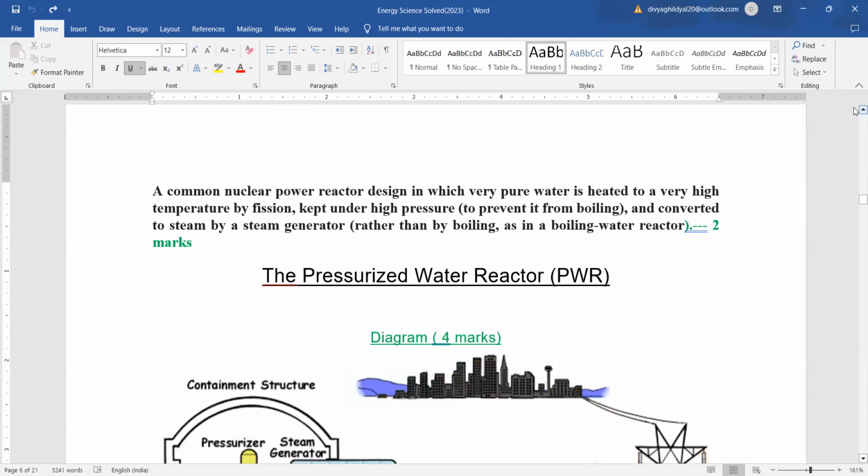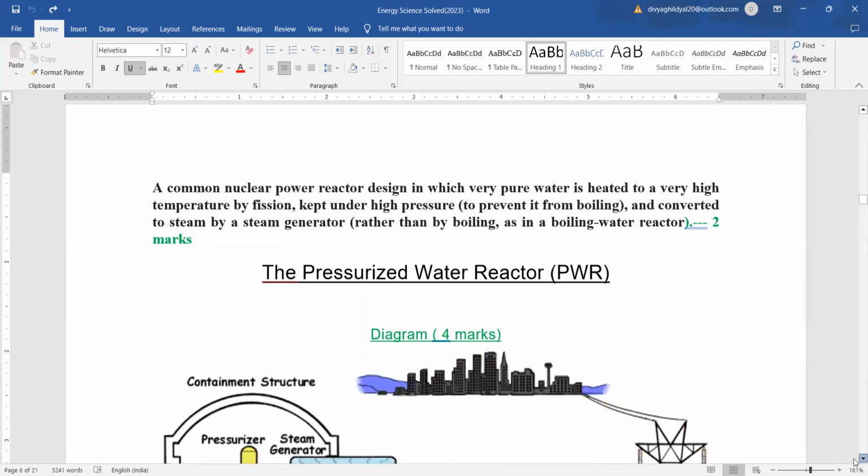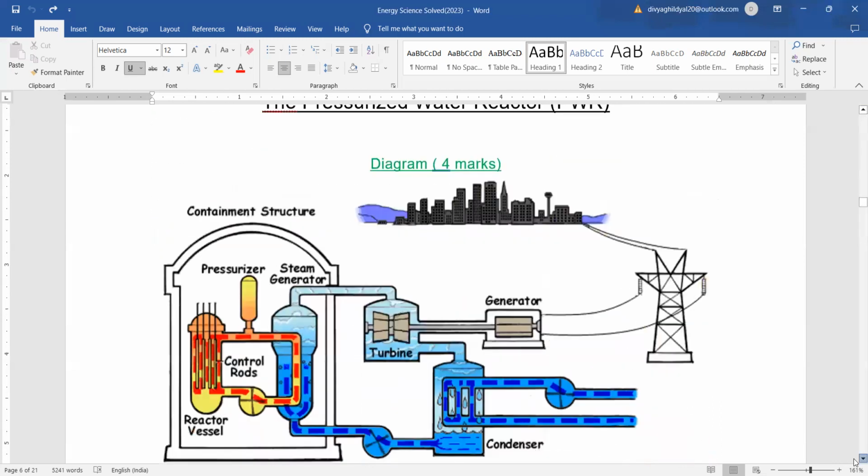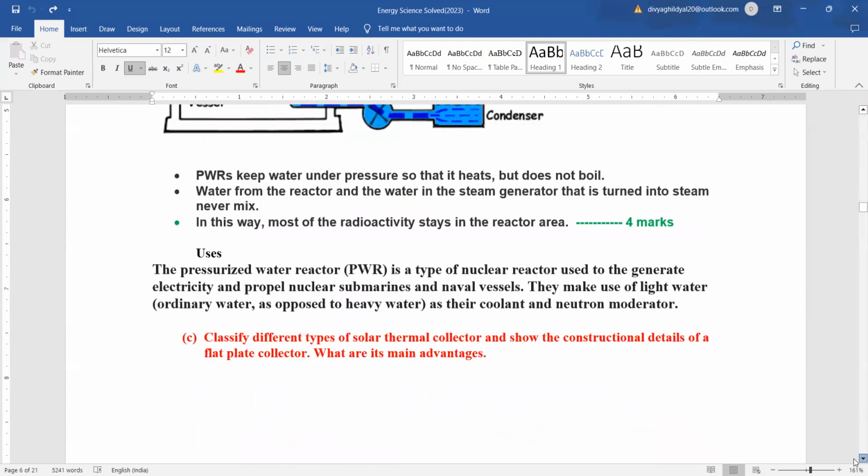PWR full form is pressurized water reactor, and a common nuclear power reactor design is one which consists of pure water heated to very high temperature by fission, kept under high pressure to prevent it from boiling, and converted to steam by a steam generator, which is utilized for creating electricity.